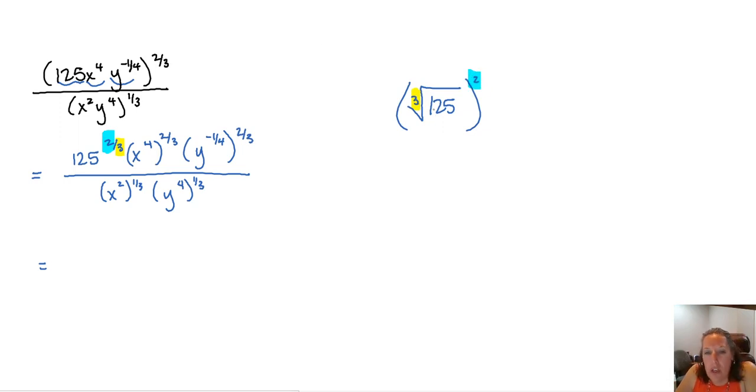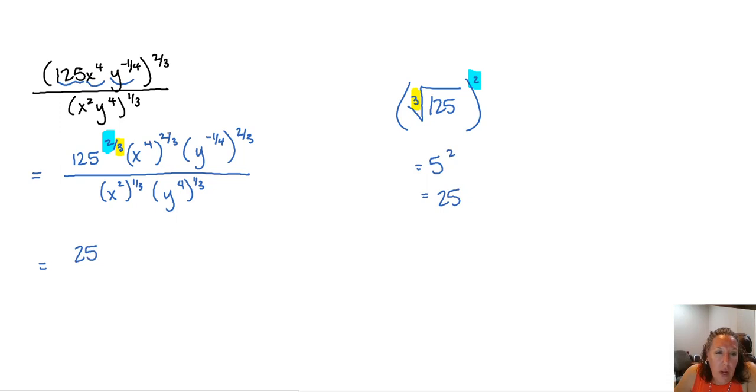So the cube root of 125 is 5, and 5 squared is 25. So our coefficient, 125 raised to the 2/3, simplifies to just 25.